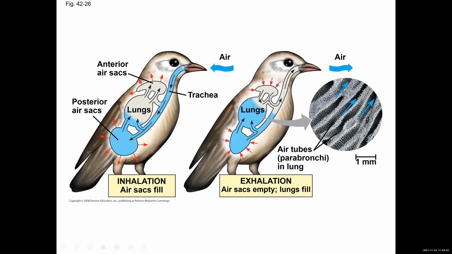And the reason it moves into the lung is because the anterior air sacs are also expanding, and that creates negative pressure that sucks the air from the lungs through, and then ultimately it sucks it into those anterior air sacs, and from there it is exhaled. There are also valves that keep it going one way.